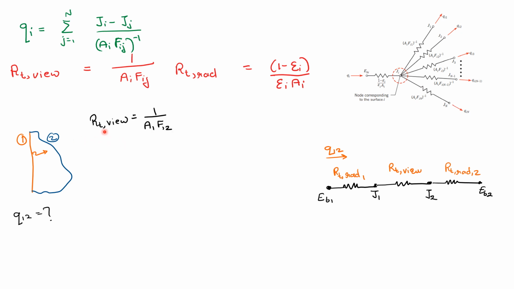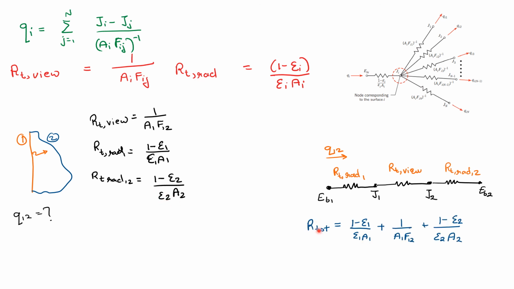Now our resistance due to view factor will be 1 upon A1 times F12, and the resistance due to radiation for surface 1 will be (1 minus epsilon 1) divided by (epsilon 1 times A1), and for surface 2 it will be (1 minus epsilon 2) divided by (epsilon 2 times A2).